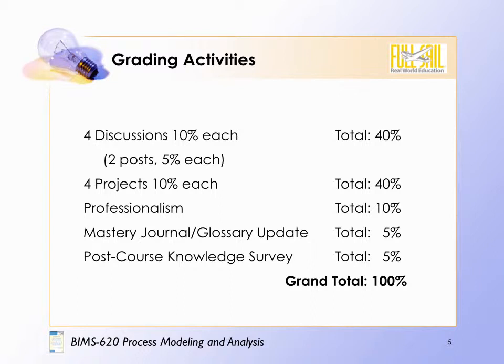Anything that is not graded and we have no place to take points off, then we go to professionalism and take points off there. Mastery Journal Glossary Update is worth 5% of your grade, and your post-course knowledge survey is worth 5% of your grade. So that totals to 100%.